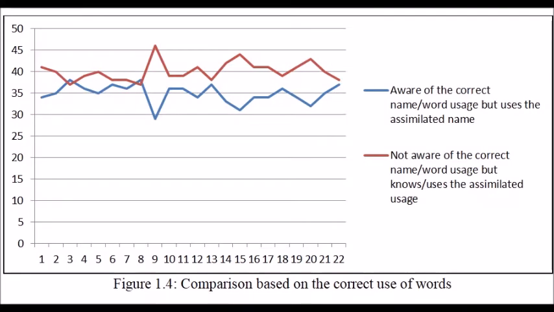Here, the high response in use as per the English way shows the popularity of the words, because the longer a word is used, the more perfect the utterance will become. Figure 4 represents the abundant use of English words and names among the Angami people in their daily lives. Many of the participants admitted to not being aware of the correct name or meaning, but interestingly enough, their usage of the word is accurate.